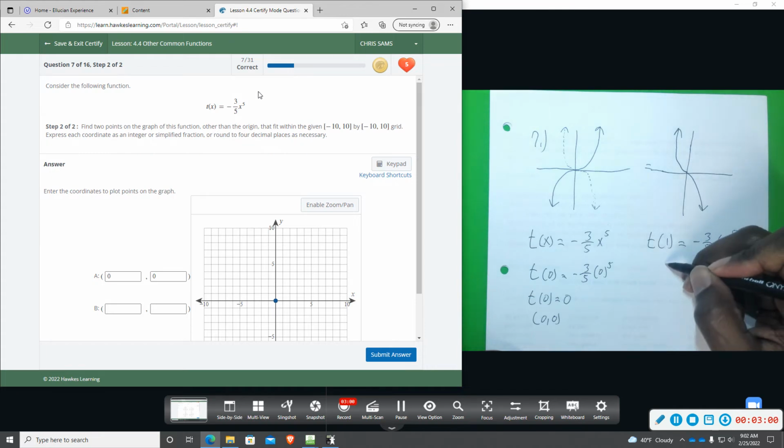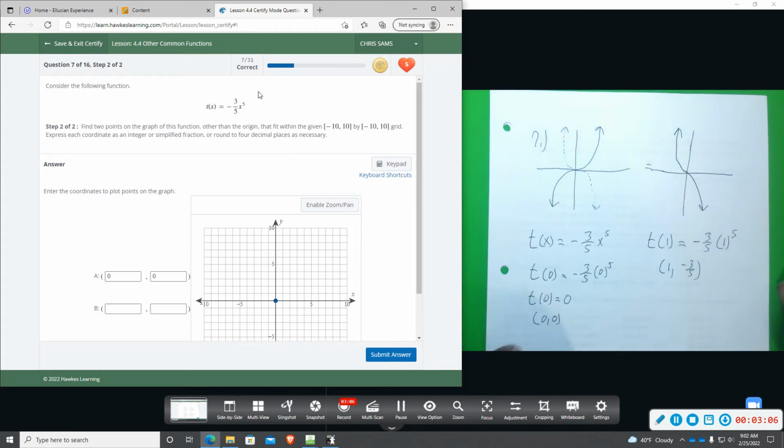So you get the ordered pair 1 and then negative 3 over 5. Okay, so I'm going to do 1 and negative 3 over 5. So it probably will tell me incorrect, even though this is correct. Negative 3 over 5.